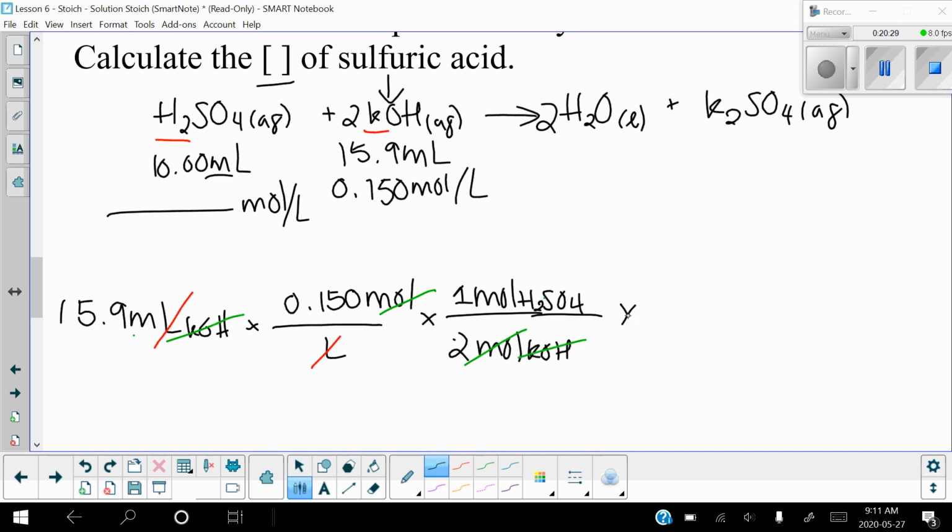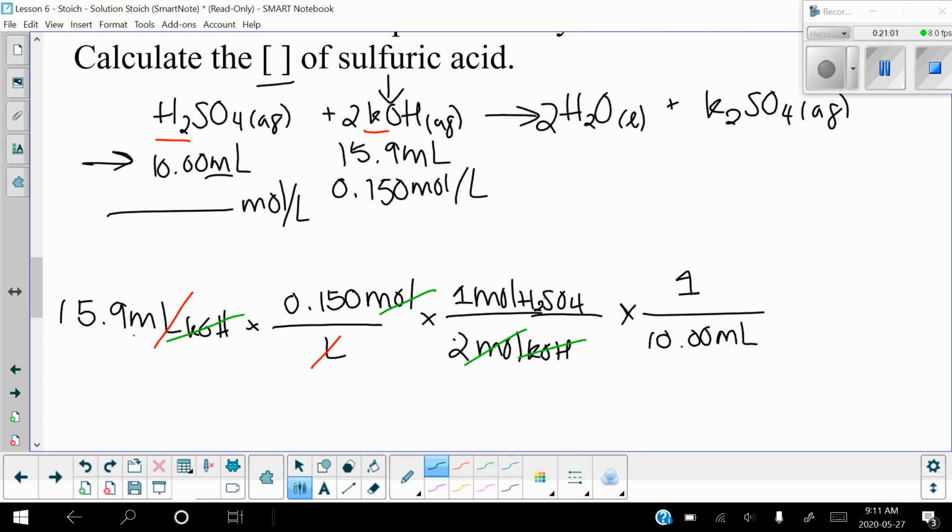Then I need to convert the millimoles into moles per liter. So I'm going to use this. I need liters to be on the bottom, so I'm going to divide by 10 milliliters.